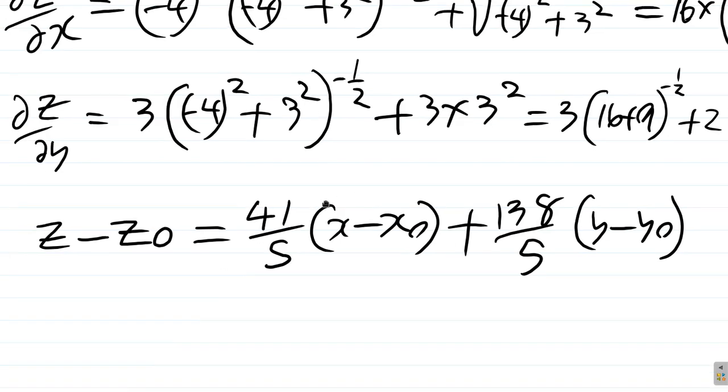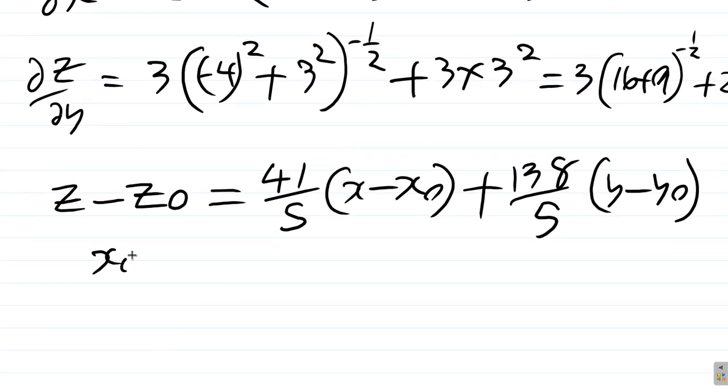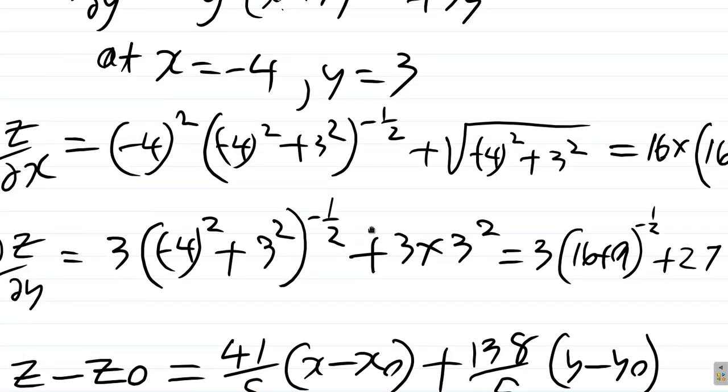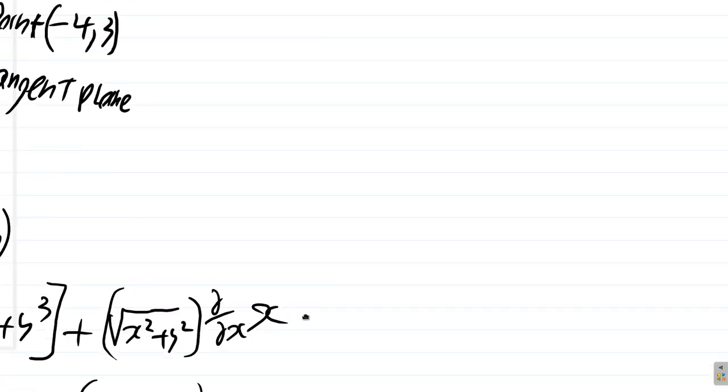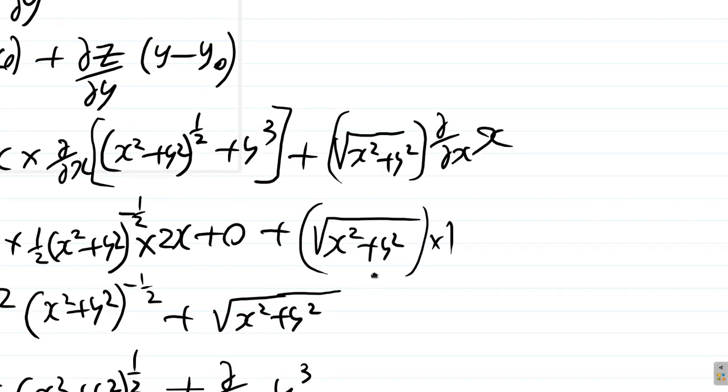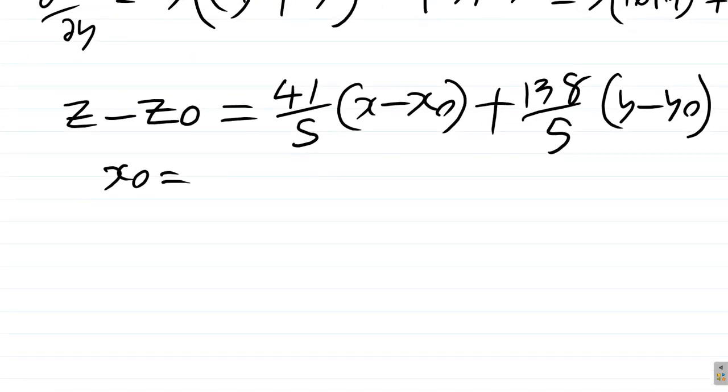What we have is x naught and y naught are the same values as the point: x naught is negative 4, y naught is 3. We need to find z naught.